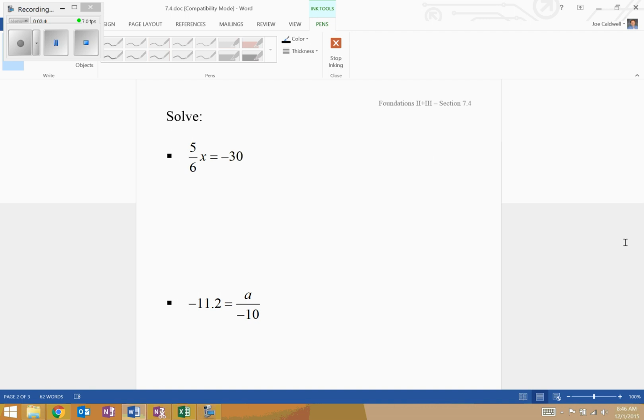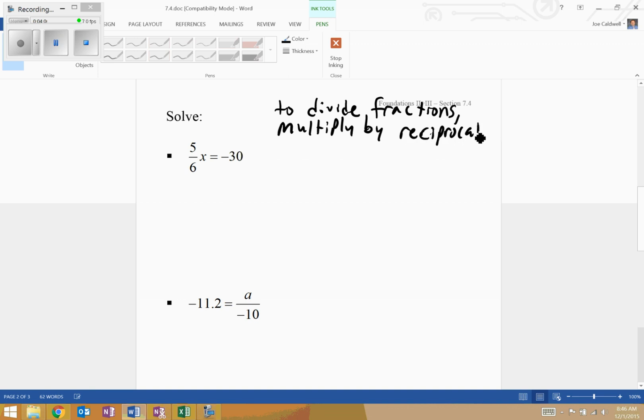Instead, to divide fractions, multiply by the reciprocal.